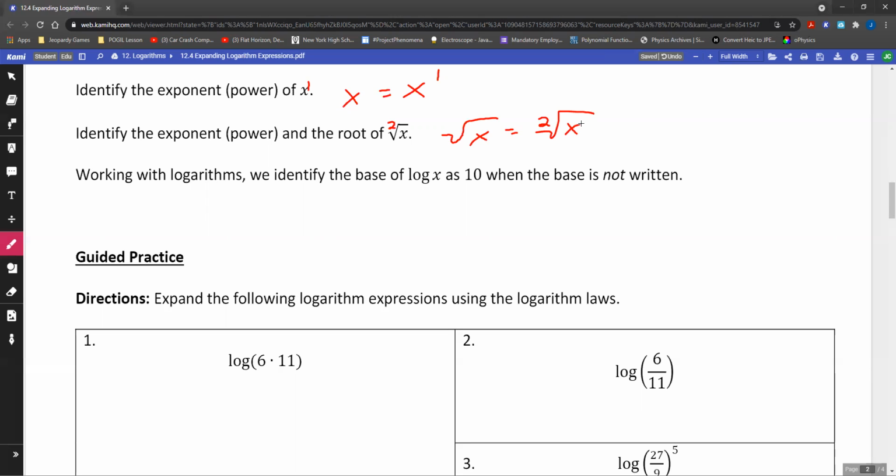And then over here with log, using the same reasoning, if we don't have a base, so if we just leave it as log x, we're assuming it's base 10 underneath. So in these practice questions, you'll notice that we've dropped the base.